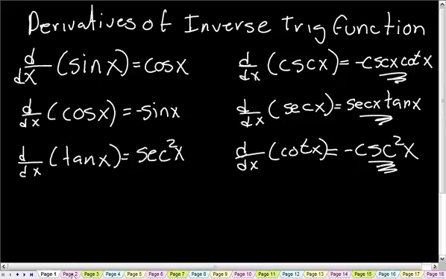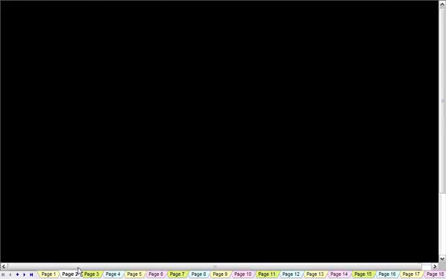Now, an inverse trig function would look something like this: inverse sine of radical 2 over 2. What this function is asking is, what angle has a sine of radical 2 over 2?